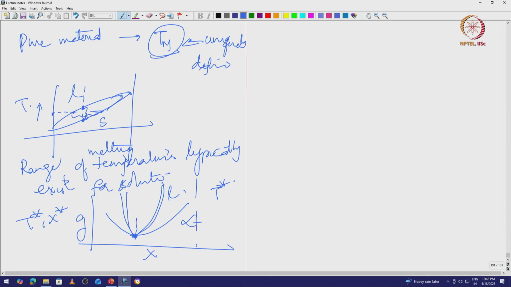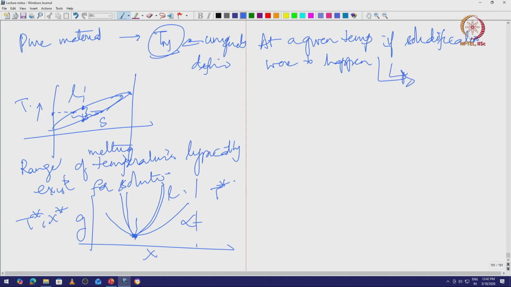So in a general solution at a given temperature, if phase transition or solidification were to happen, generally there is a range of compositions across which solidification occurs.